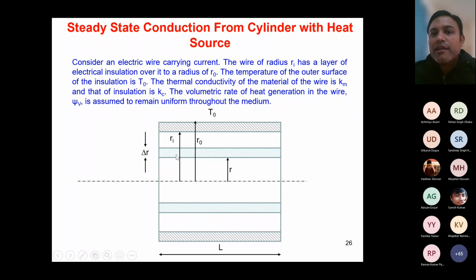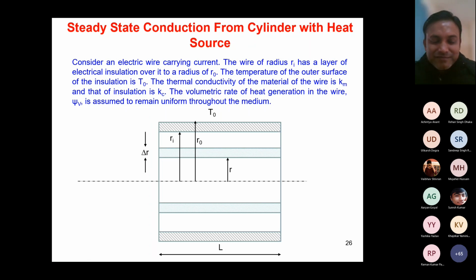If we increase the thickness of the insulation, maybe the temperature at the insulation and metal boundary is going to be lower. So it depends on how much insulation you are putting, what the thickness of the insulation is, and what the thermal conductivity of the insulation is. All these factors play a major role in the interface temperature. So how to solve this problem then?